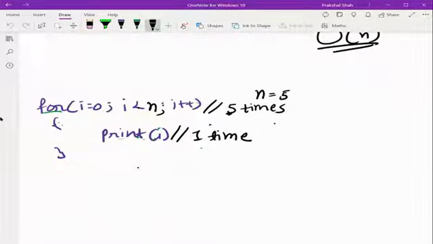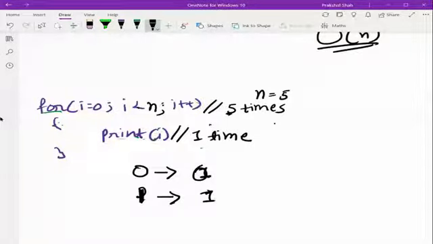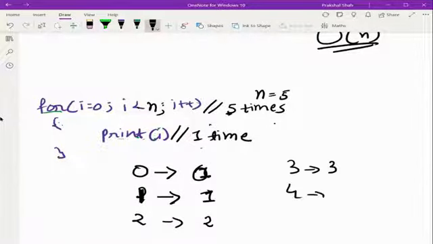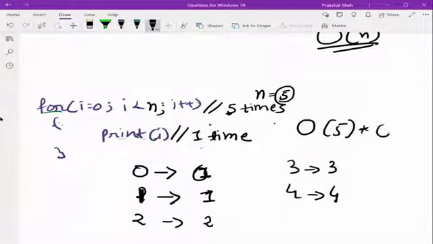On the first iteration, it will print 1. On the second iteration, it will print 2. Third, it will print 3. Fourth, it will print 4. Like this. So can I say that it will be multiplied every time, like order of 5 into order of 1?